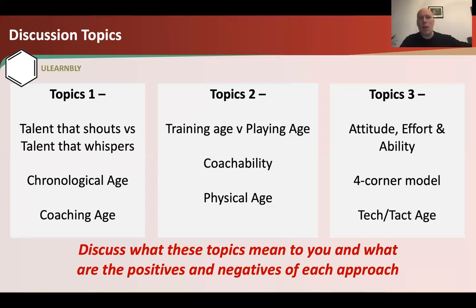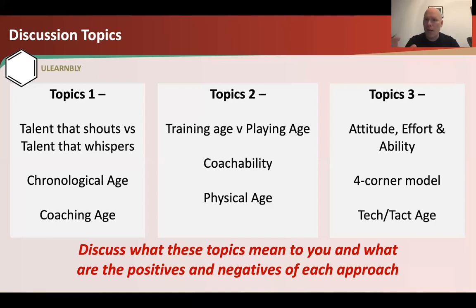You might have a player who is small, but that doesn't mean he's a late developer. He actually might have reached most of his physical height already. You don't know. Do you see what I mean? So it's all subjective. Early developer, why is he an early developer? Is it because he's excelling? Is it because he's tall? That doesn't mean he's an early developer. So it's having clear definitions for what we mean when we say early developer or late developer.